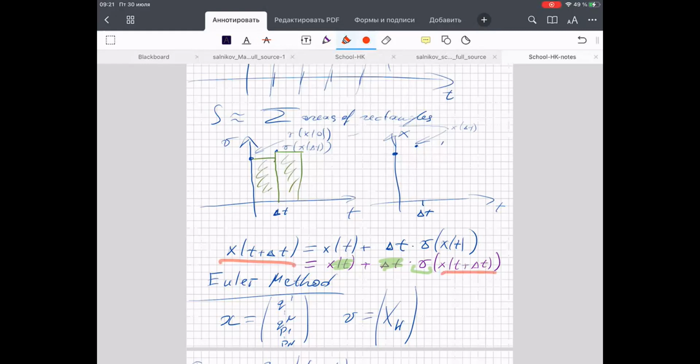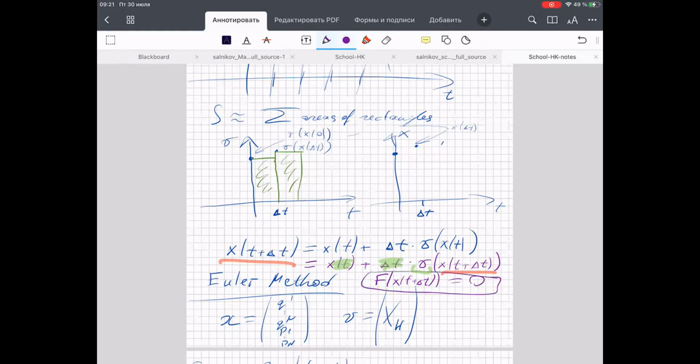These two guys are the same. So actually I have an algebraic equation here, some kind of f of x of t plus delta t equals 0.